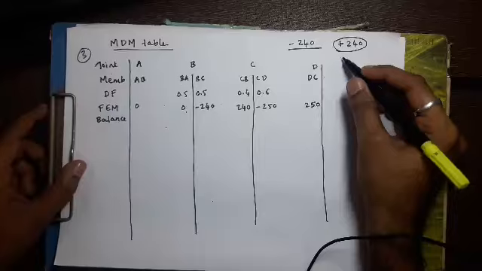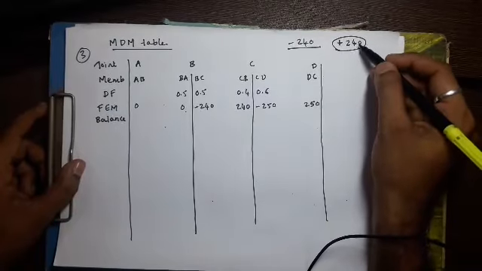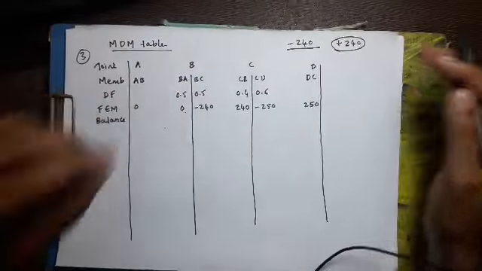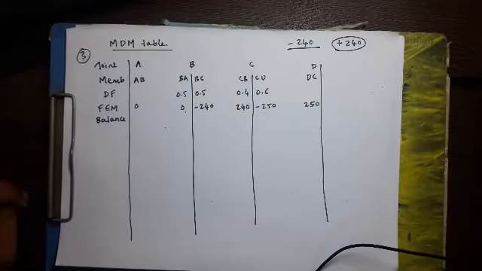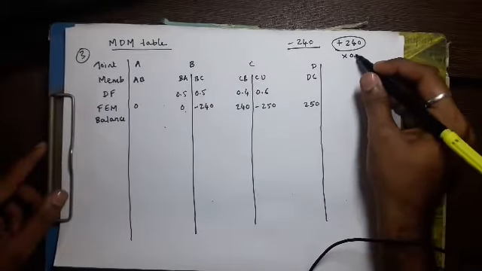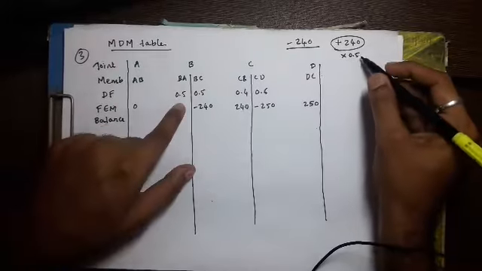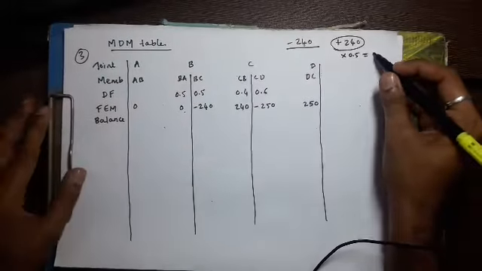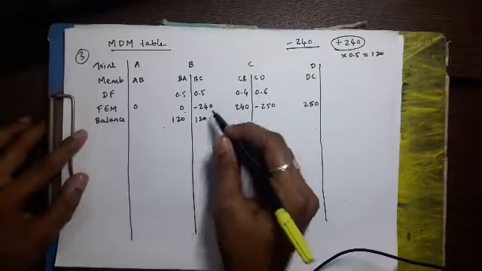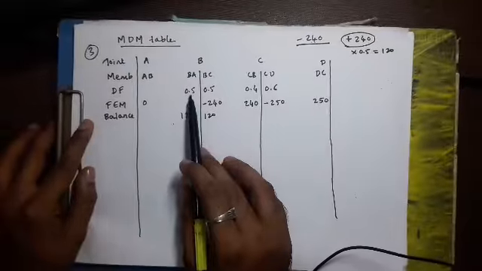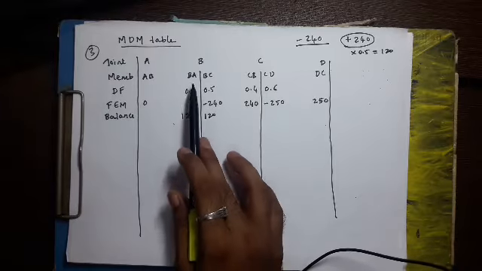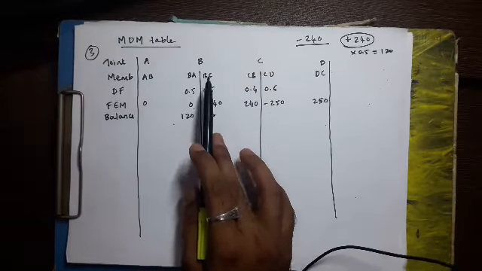So we apply plus 240 kilonewton meter at joint B in order to balance this minus 240, so the net moment is 0 at B. For BA, multiply it by 0.5 because the distribution factor is 0.5, so you get 120 for BA and 120 for BC.